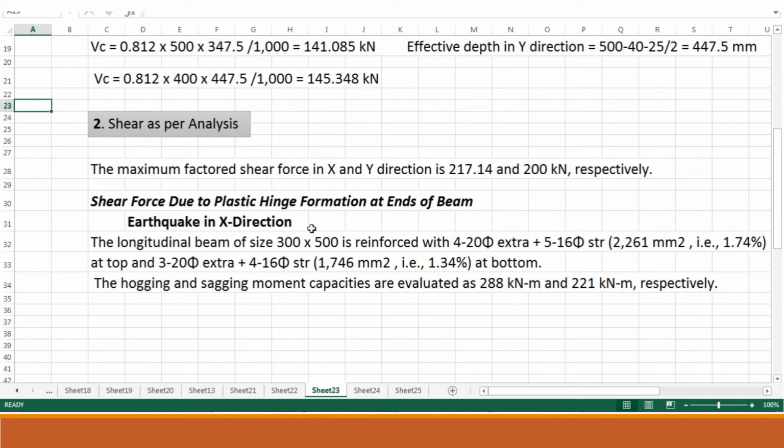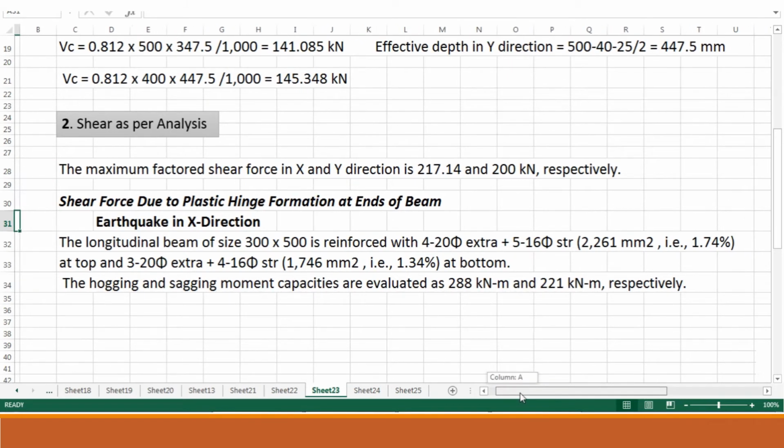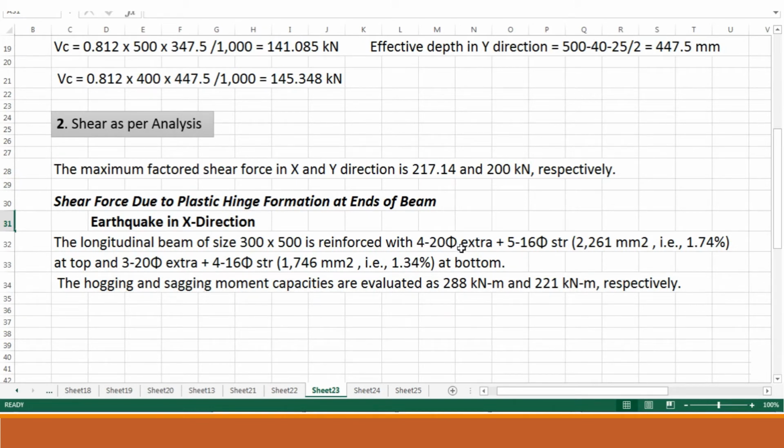The shear force due to plastic hinge formation at ends of beam, now that's the second thing that we are going to determine. For this, first we have to determine, if the earthquake is acting in X direction, then the longitudinal beam of size 300 mm into 500 mm is reinforced with 420 mm bar plus 516 mm bars, so a maximum of 1.74% at the top, and for example say it's 1.34% at the bottom.